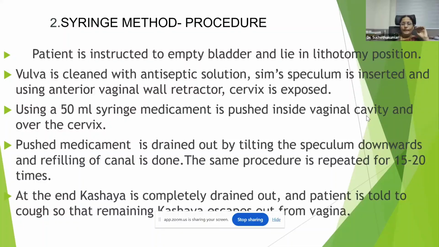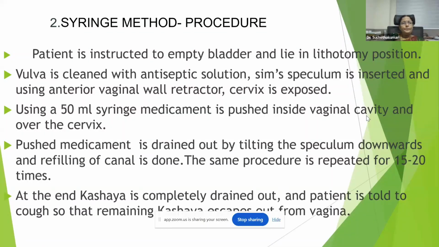Suppose we have to give a pichu after the dhavana procedure, after the parisheka procedure, we see that all the kashaya which is present in the vaginal cavity has to be drained out completely. Only after that, the pichu has to be inserted into the vagina, especially if the pichu has any oily preparations.